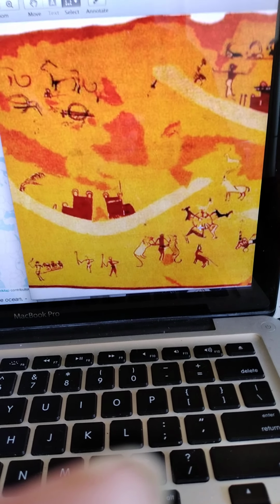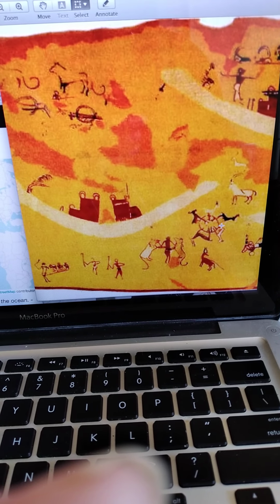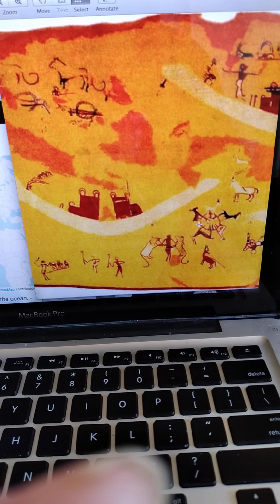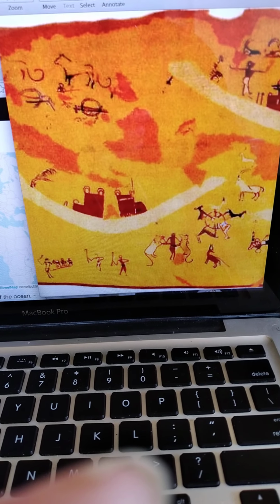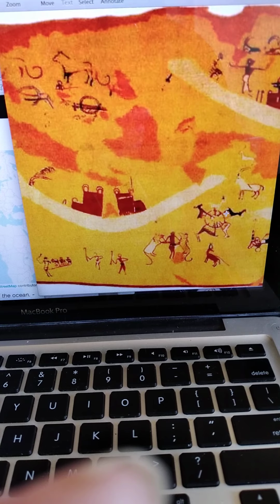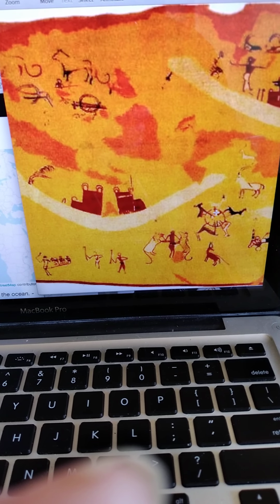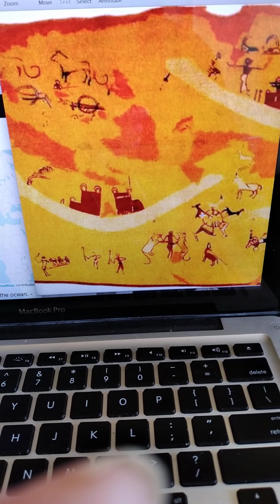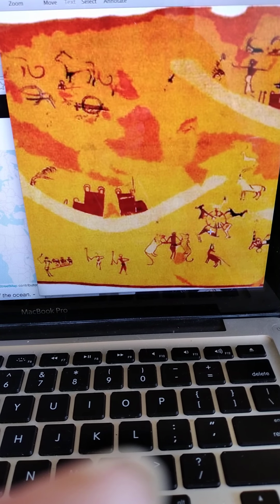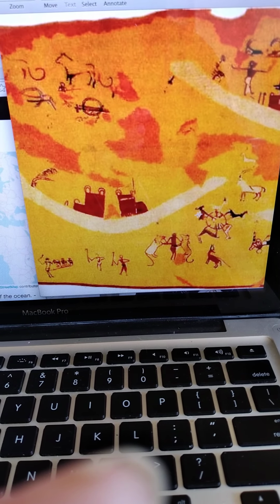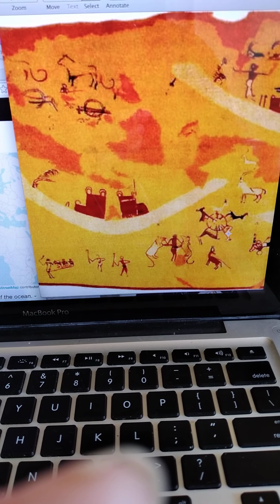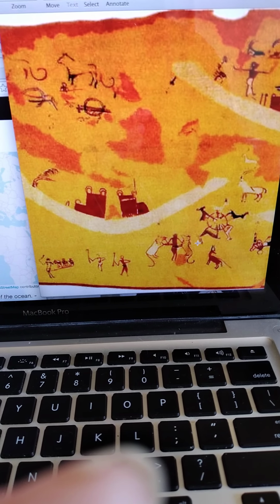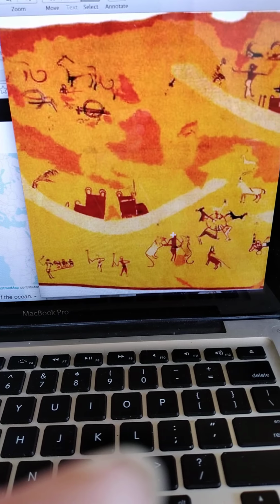So this seems to be the compass of sorts, as far as I can tell. They used different colors for different directions. I'm not exactly sure which is which, but there you go.